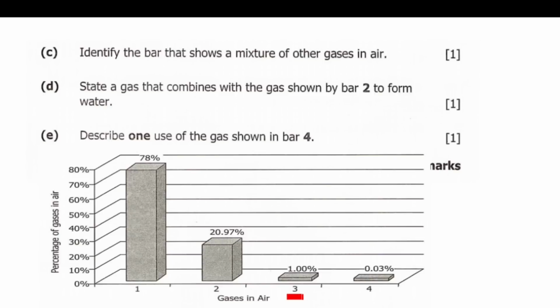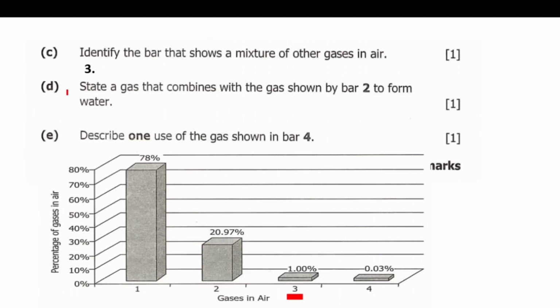So other gases in air can be water vapor and also noble gases such as argon, neon, etc. Those occupy a percentage of 1.00% of the total air in the atmosphere. So identify the bar that shows a mixture of other gases in air.